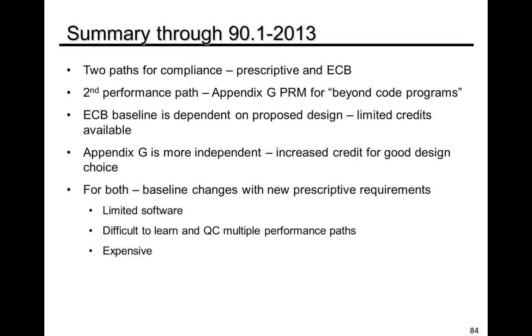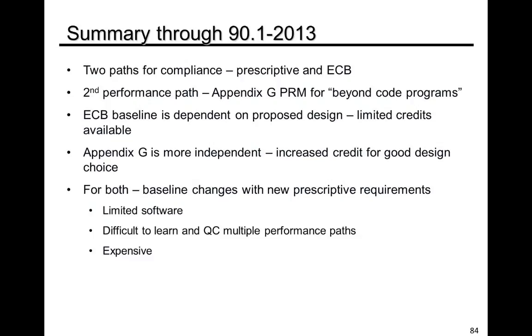So that's the landscape through 2013. So just let me summarize. There are 2 paths for compliance in 90.1, the prescriptive path and the energy cost budget. There's an additional performance path called Appendix G, the performance rating method used for beyond code programs. The energy cost budget is dependent on the proposed design, which limits credits available.